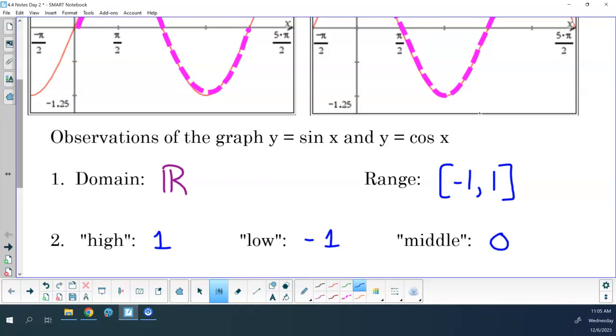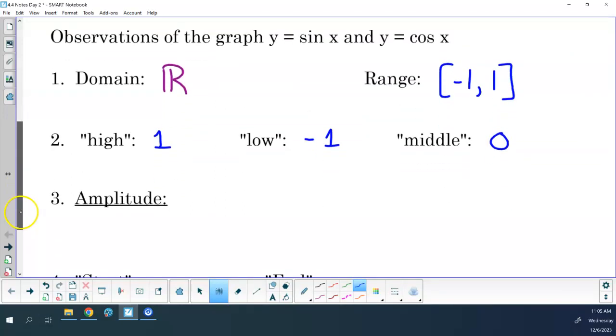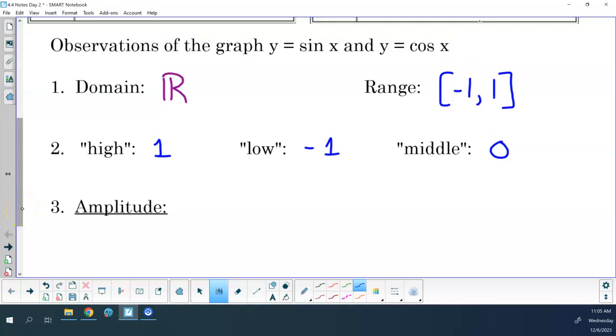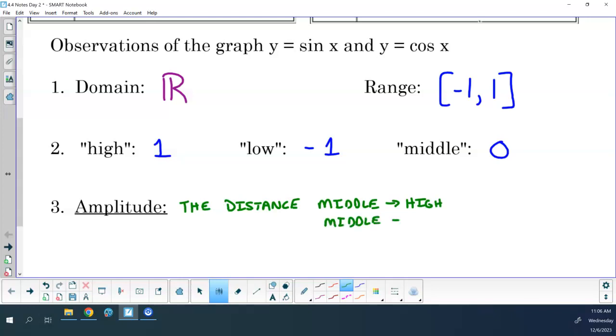Which means then we have something called an amplitude. Okay. An amplitude is the distance from the middle to high or middle to low.